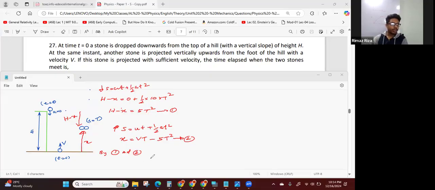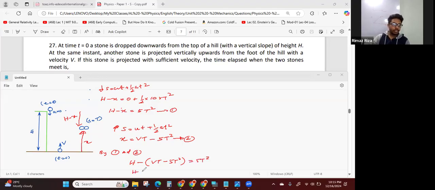By 1 and 2, I have h minus x is vt minus 5t squared. For the x, I put vt minus 5t squared is equal to 5t squared.